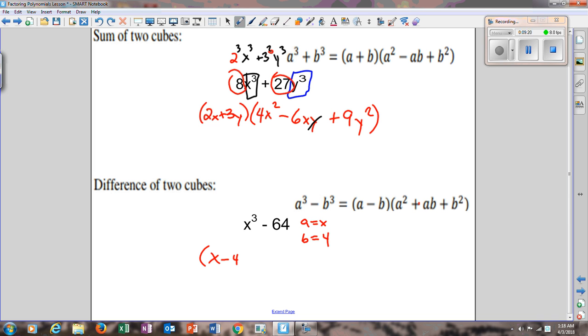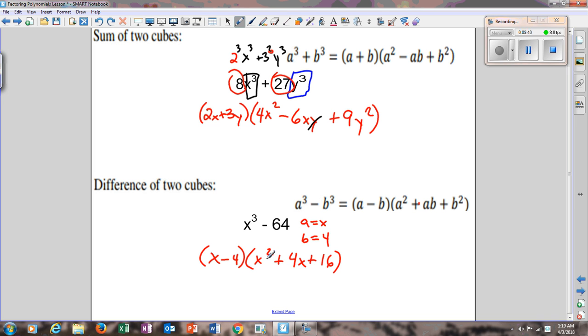And now it's x minus 4 times x squared plus 4x plus b squared, which is 16.